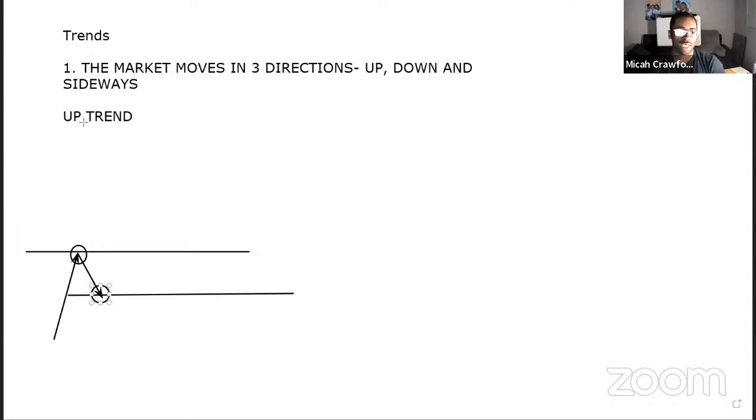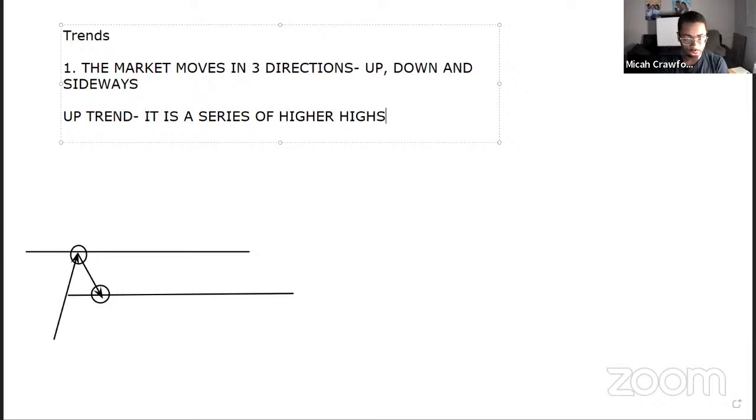So our first trend is an uptrend. And what I'm going to do is define an uptrend. It is a series of higher highs and higher lows.